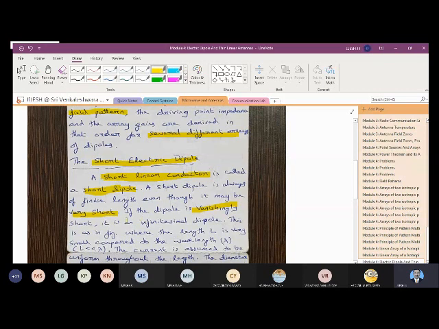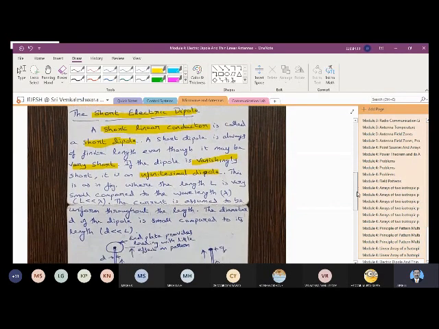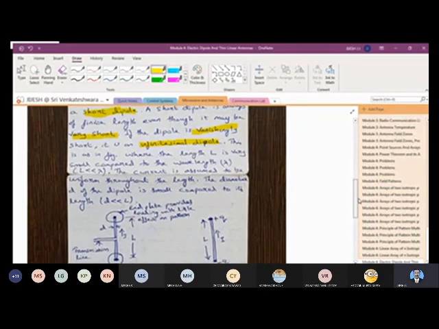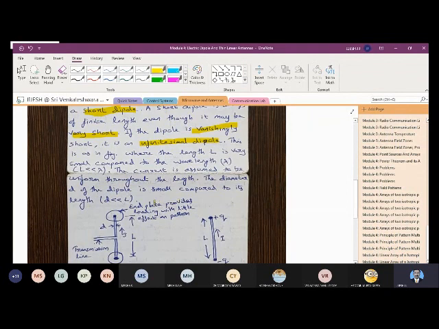So if the dipole is vanishingly short, it is an infinitesimal dipole, and this we can see with the help of the figure, where the length is L. This I have drawn here. This is called a short dipole, where you have a finite length, even though it may be very short.